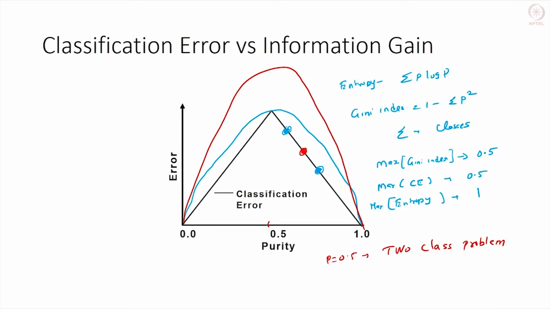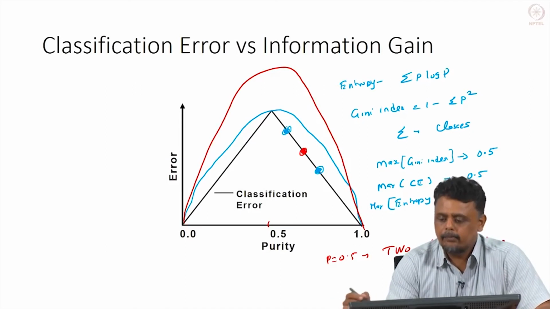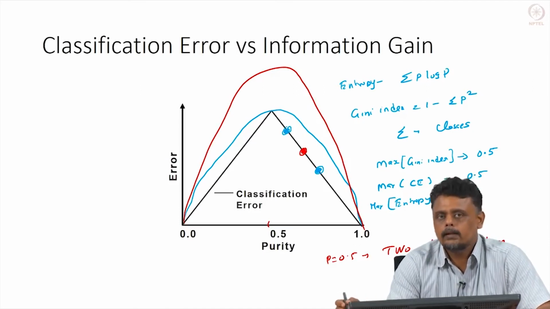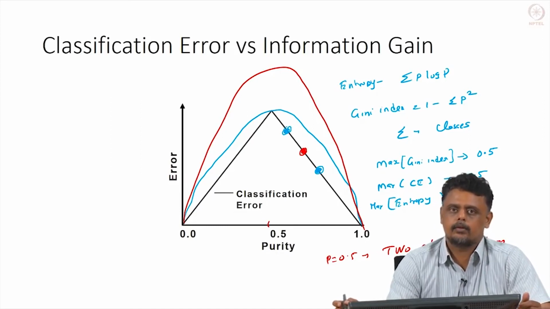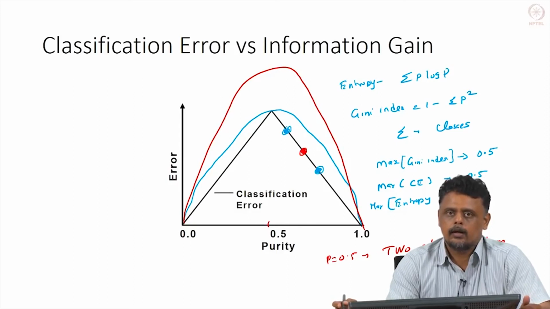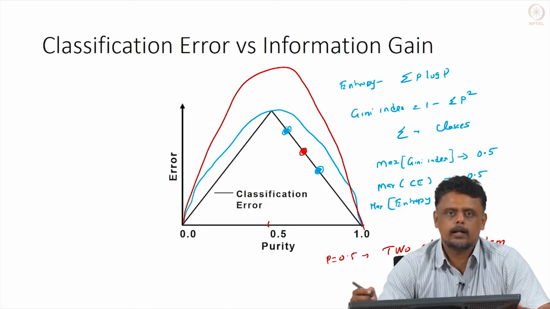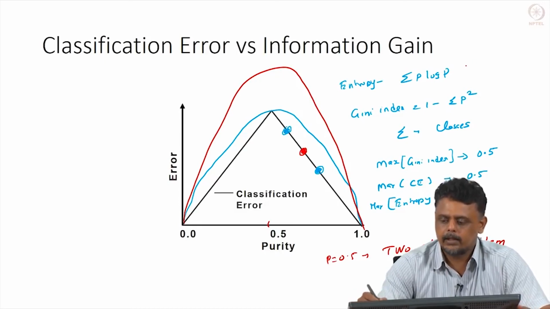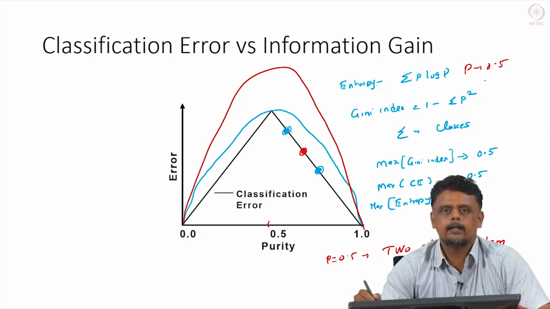The maximum entropy happens when in a particular node all the classes are equally distributed, and for a 2 class problem that is when P becomes 0.5. So there is an easy way to figure out when the maximum happens.